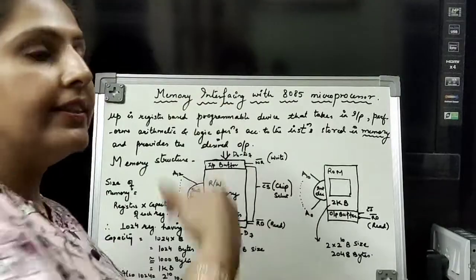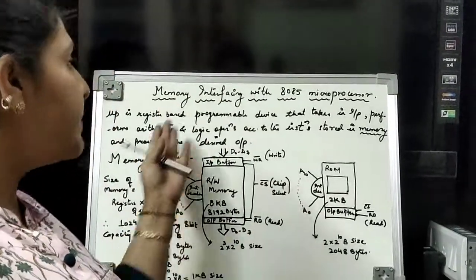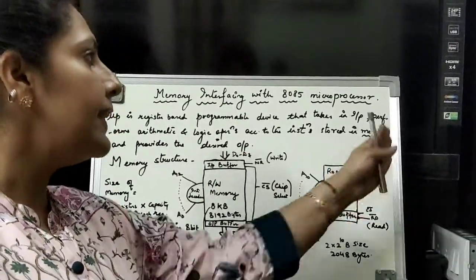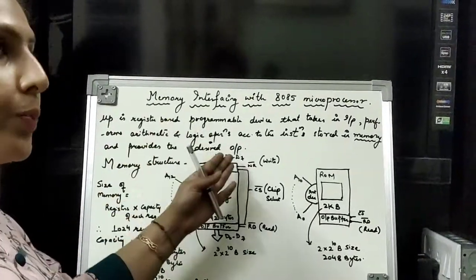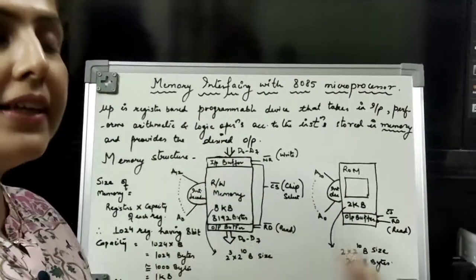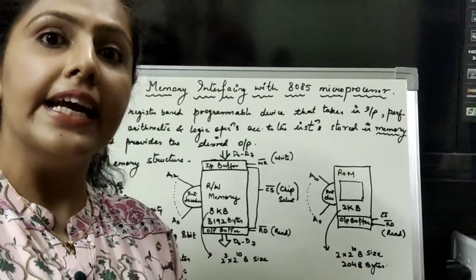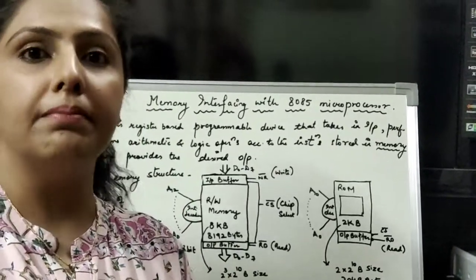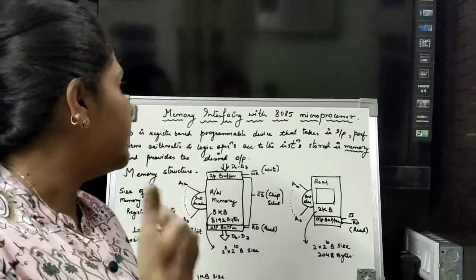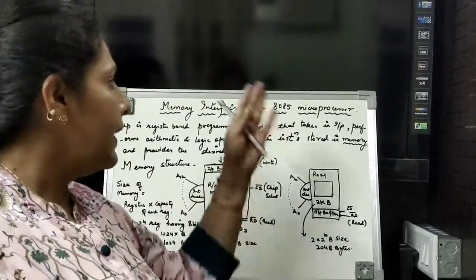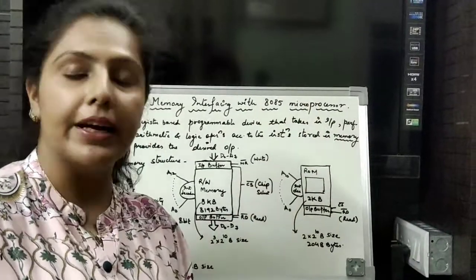The instructions on which it performs the arithmetic and logic operation come from the memory. And also the desired output which is being displayed on the output device is held by the memory. So memory is an important device in interfacing of 8085 microprocessor.